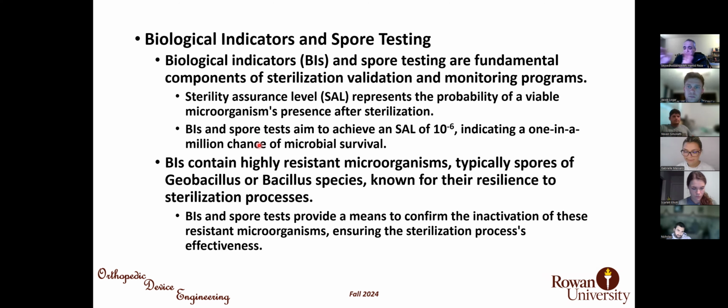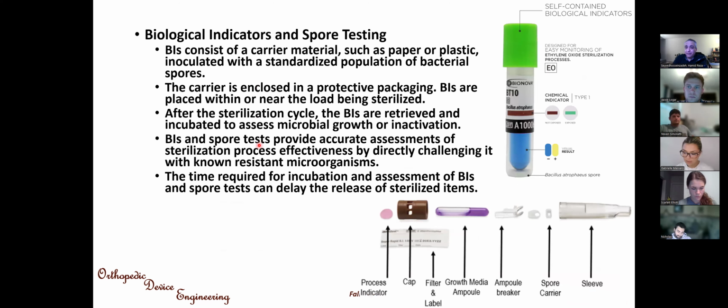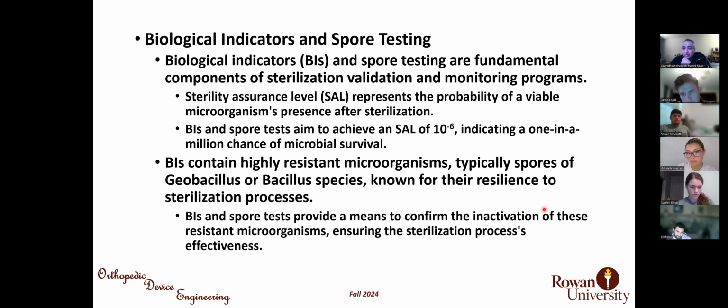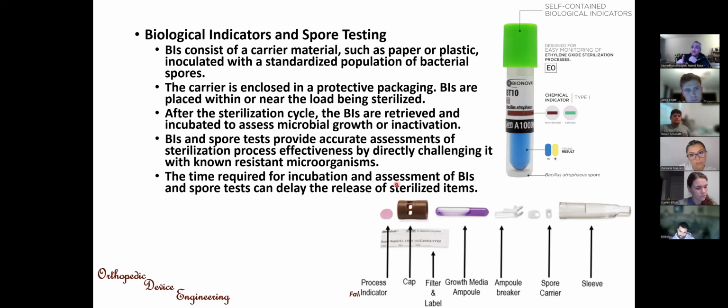And when the sterilization is finished, you see here, this indicator has several parts. One part contains some bacteria. These bacteria are the most resistant bacteria on the earth. So if the sterilization technique can kill those bacteria, it can kill any other bacteria, okay?